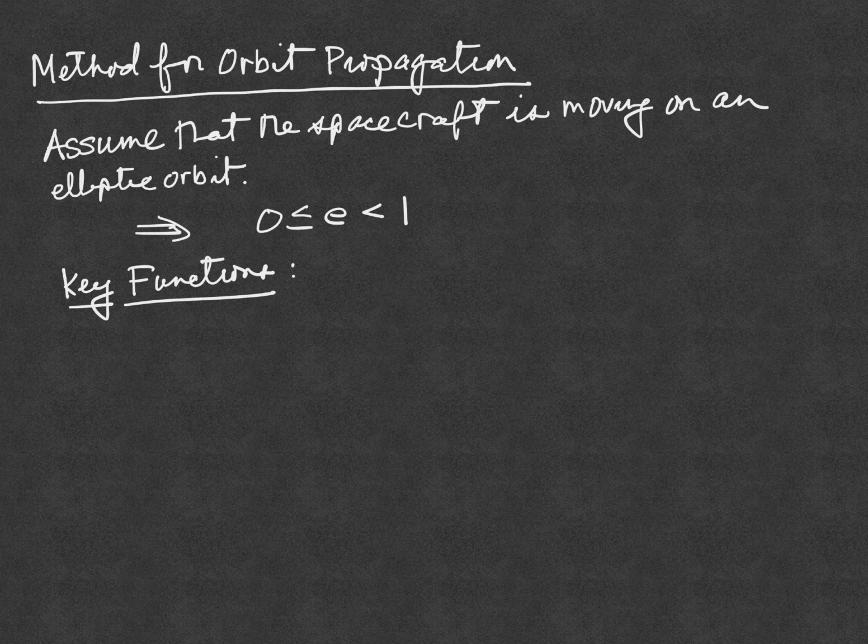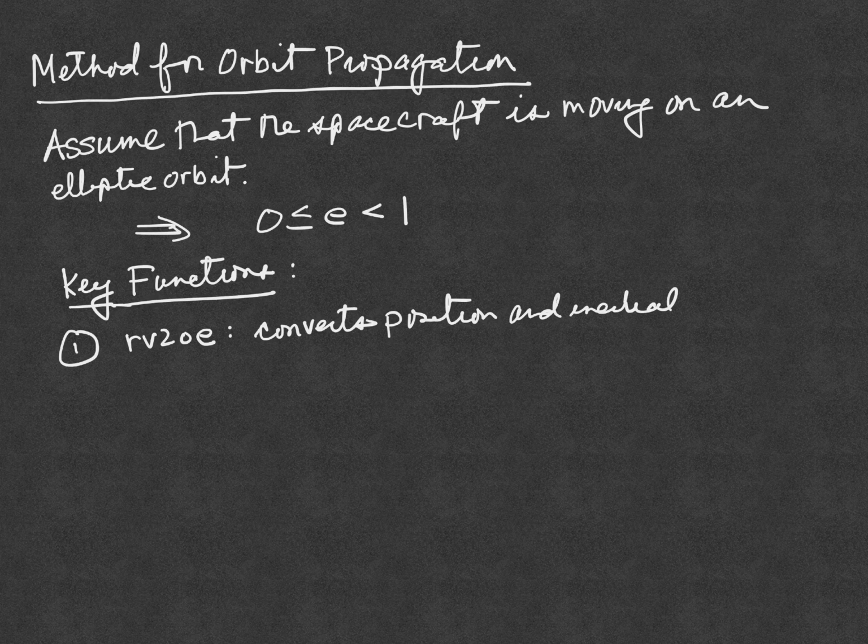The first one is a function which is going to be called RV2OE. Now this function converts position and inertial velocity to classical orbital elements.